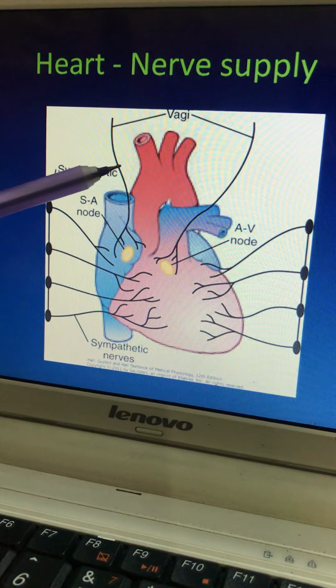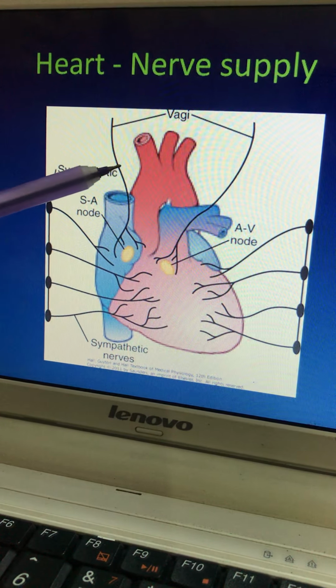Now, maximum heart rate at 20 years is about 200 beats per minute. At 30 years, 190 beats per minute. At 35, 185 beats per minute, and at 40 years, 180 beats per minute. The conclusion is that the maximum heart rate is highest at 20 years and gradually decreases with advancing age.